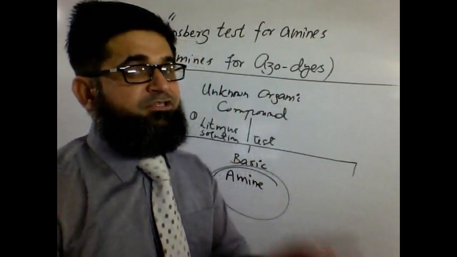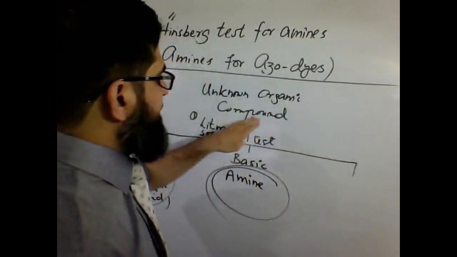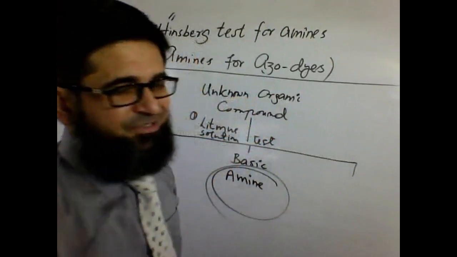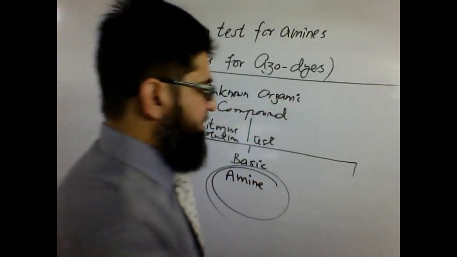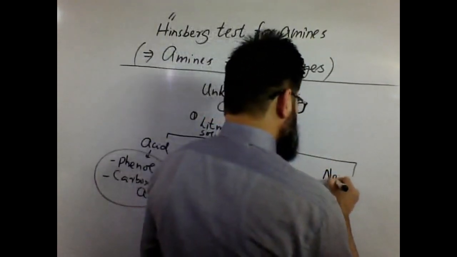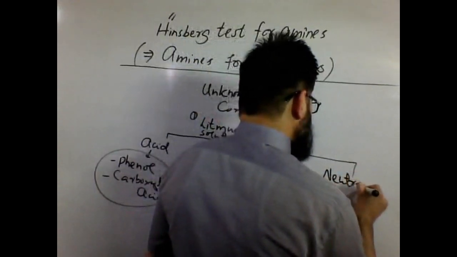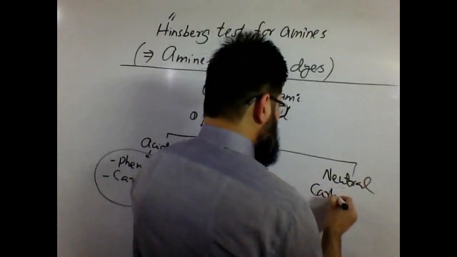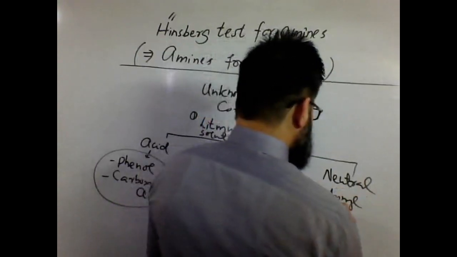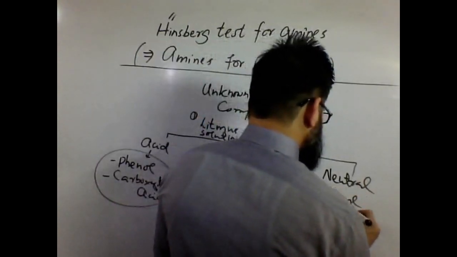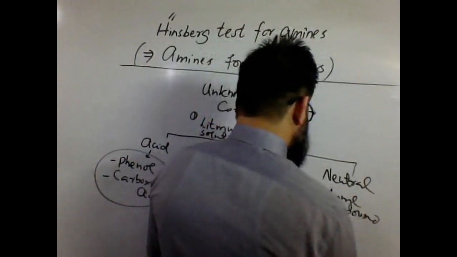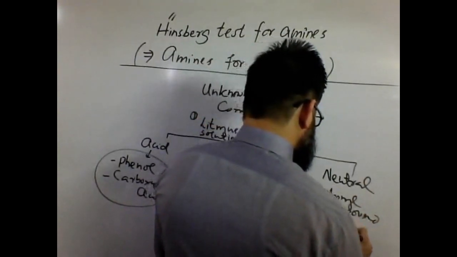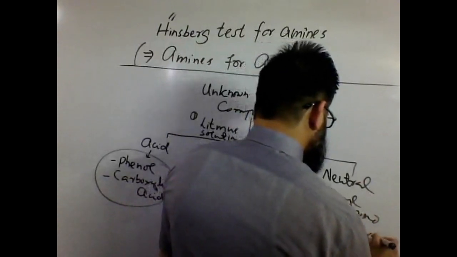Similarly, if your litmus solution suggests the given unknown is a neutral compound, then it could be a carbonyl compound, or it could be a carbohydrate.